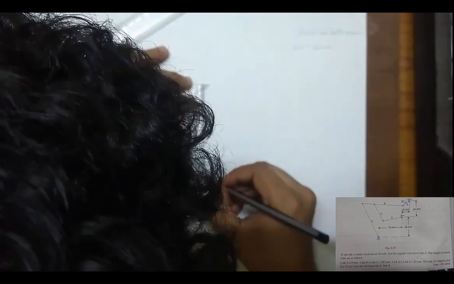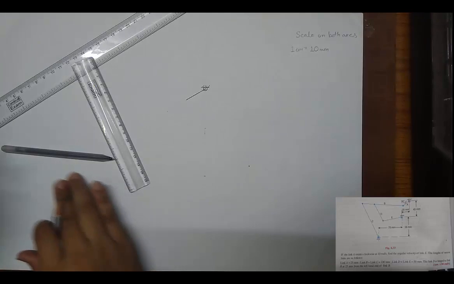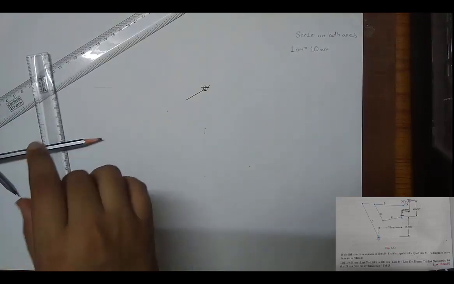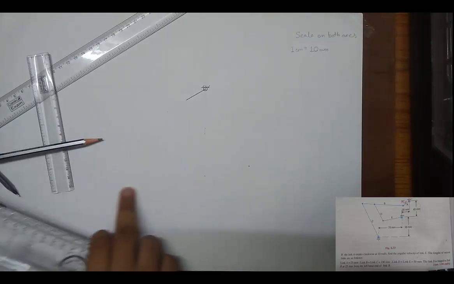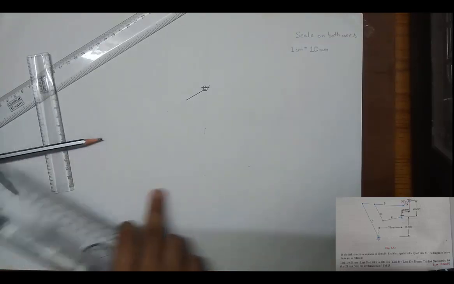You can see the question if you like. These will be the markings that I will be using. Draw the grounds, and from here 25 mm, and from here 75 plus 25, 100 mm.